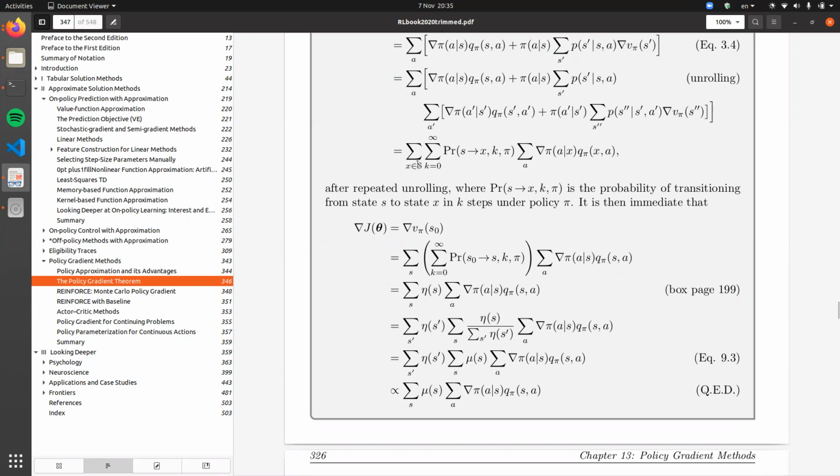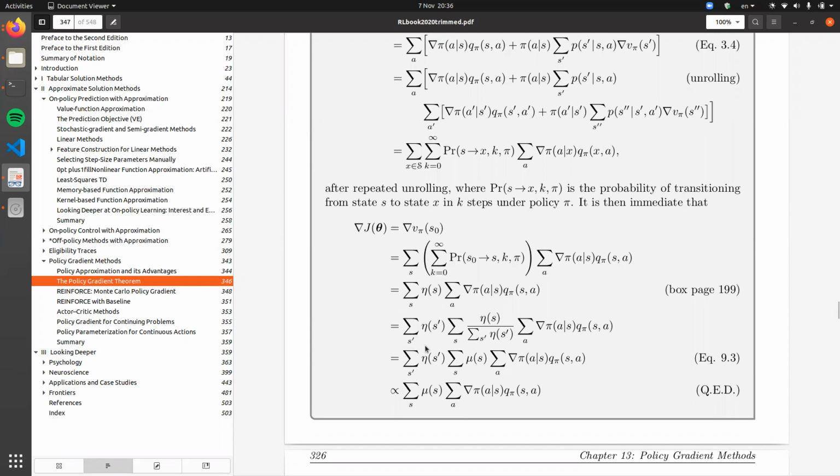So we can substitute s0 here, and that gives us this expression. Eta of s is a state count: basically, how often do we visit a state s after we started from state s0, and then we sum over all of those states.